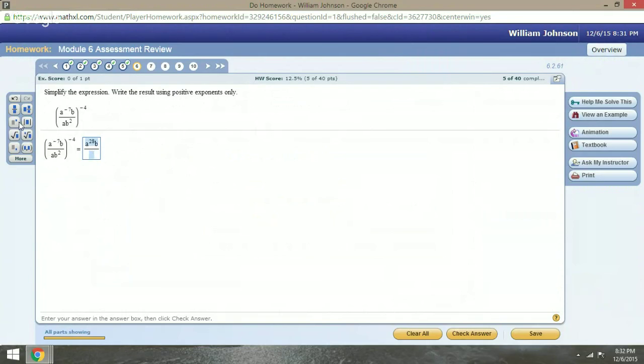I'm not quite sure what the formatting is for this, but the exact answer is a to the 28th, b to the minus 4, over a to the minus 4th and b to the minus 8th.